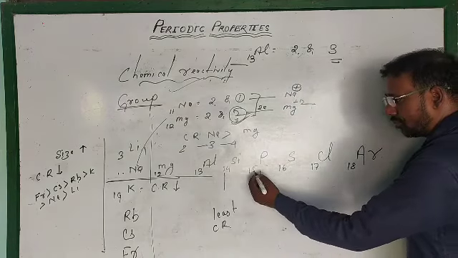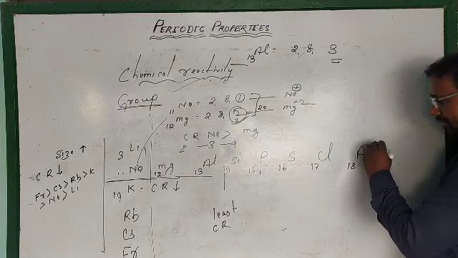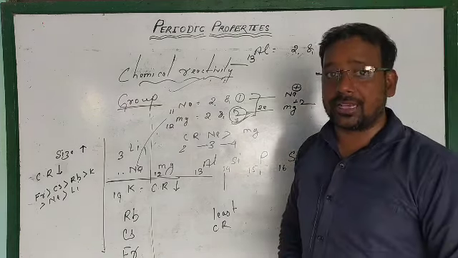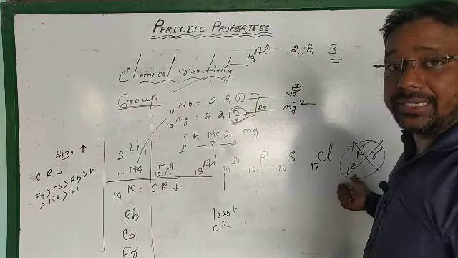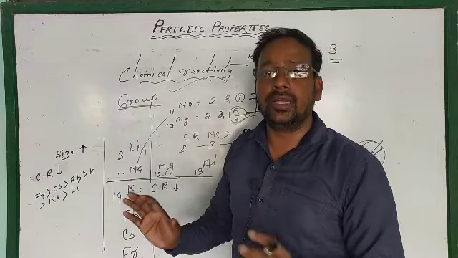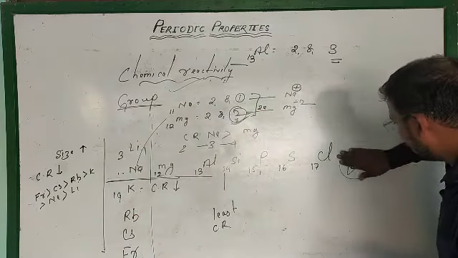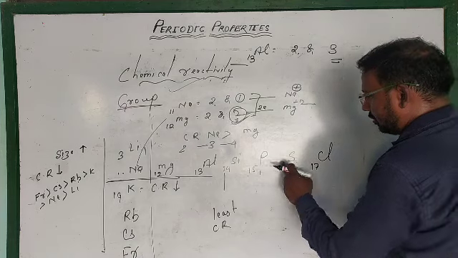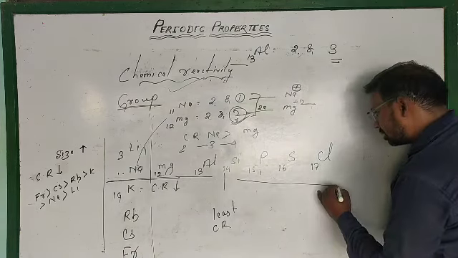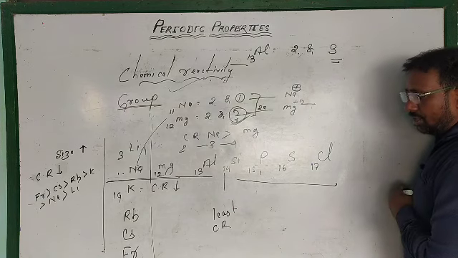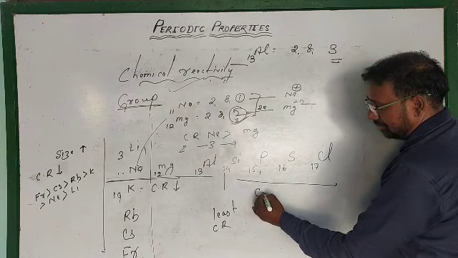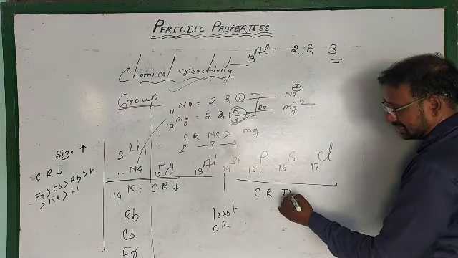But once you move from phosphorus to chlorine, we will not talk about argon, because argon will not participate in the chemical reaction, because its outermost shell is completely filled with an octet. So we will talk about phosphorus, sulfur and chlorine. When we move from phosphorus to chlorine, what will happen? After silicon, chemical reactivity increases.